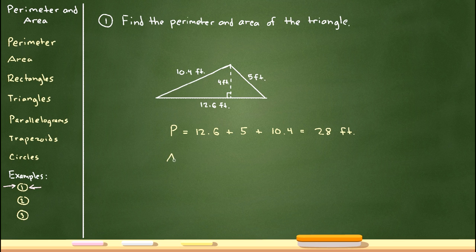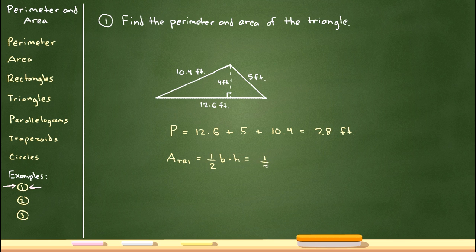Now, in the case of the area of a triangle, let me just do a little triangle there, just to show that I'm talking about a triangle. It doesn't matter, though. If the picture is a triangle and you tell me the area, I know you're talking about a triangle. So the area of the triangle is going to be 1/2 the base times the height.